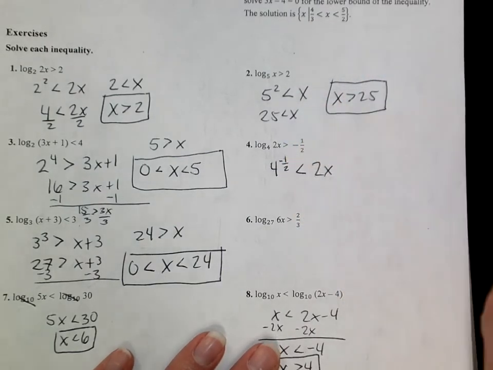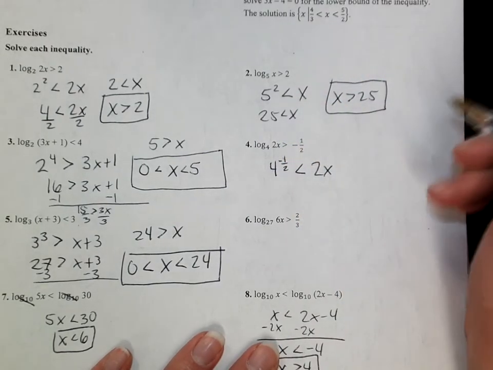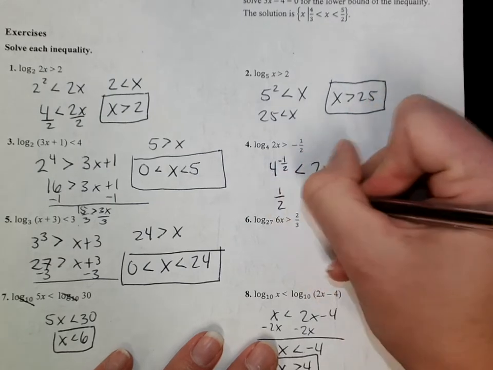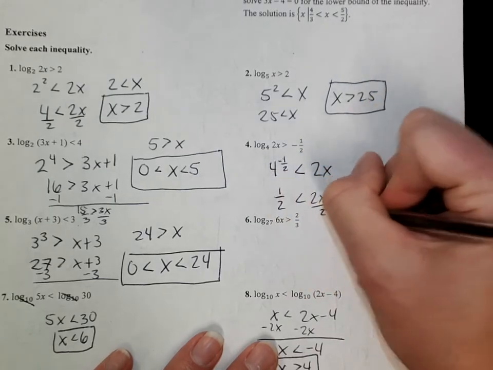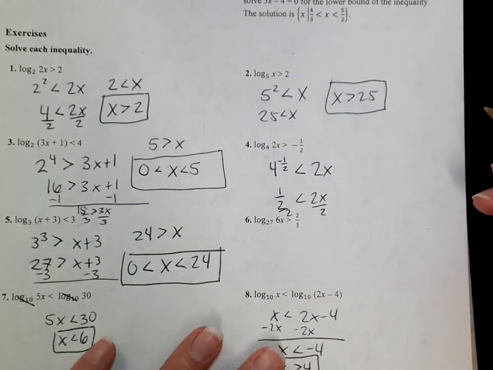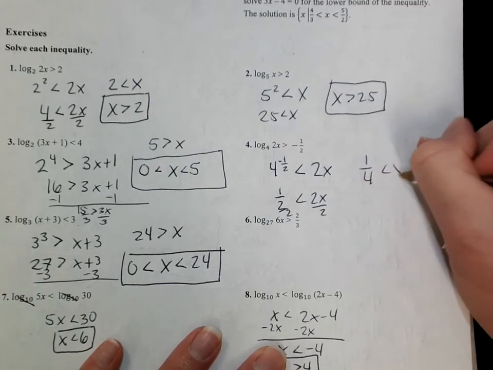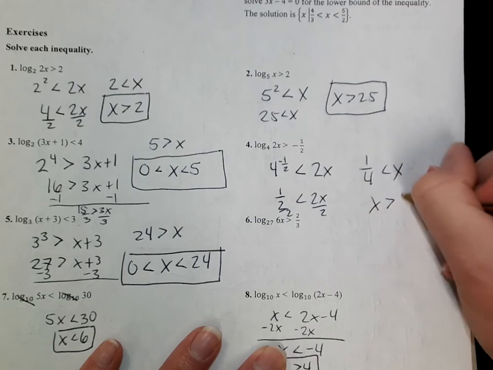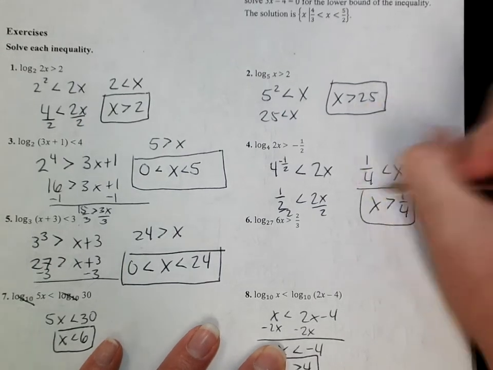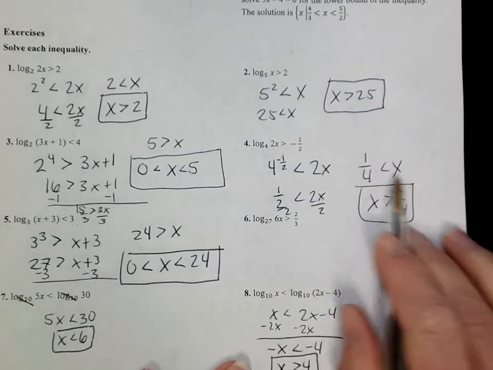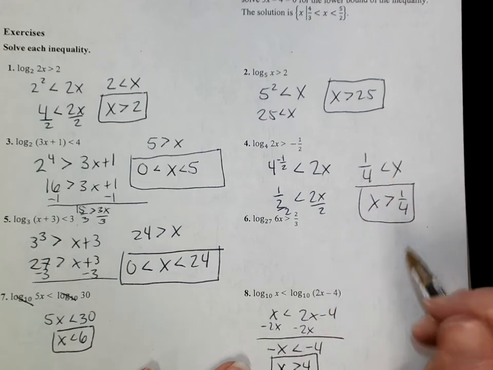4 to the negative 1/2 power, again, that's 1 over the square root of 4, that's 1 over 2, is less than 2x when you divide by 2. Here's another fraction thing. That gives you 1/4 is less than x, or x is greater than 1/4. Again, I would take this top answer. You just need to understand that means the exact same thing.